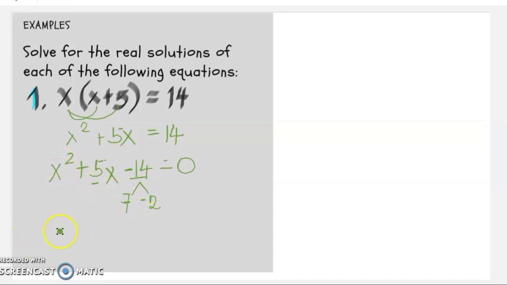So, the factors of x squared plus 5x minus 14 are x plus 7 times x minus 2 equals 0. And then, we equate each factor to 0. So, we have two solutions. So, x plus 7 equals 0.